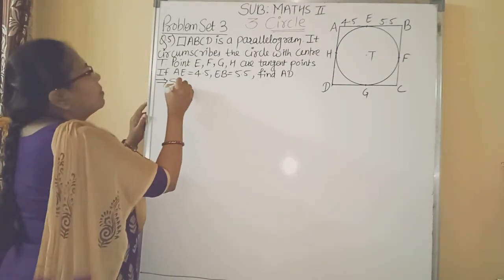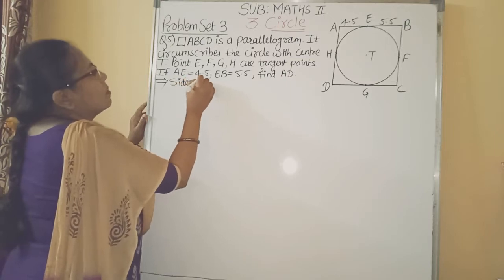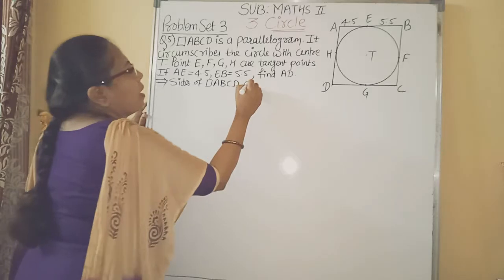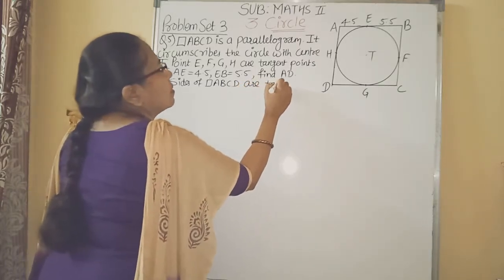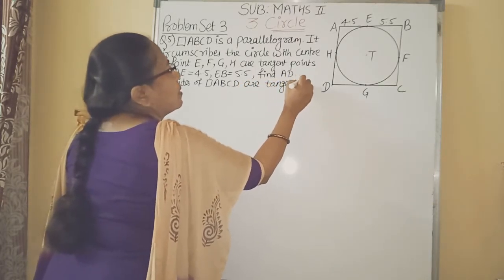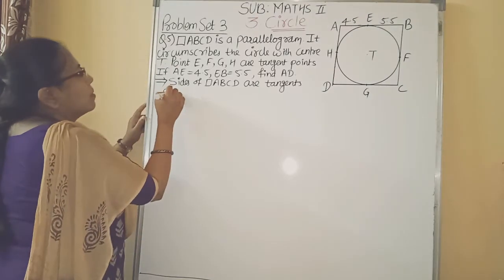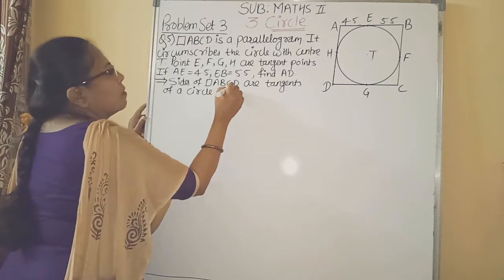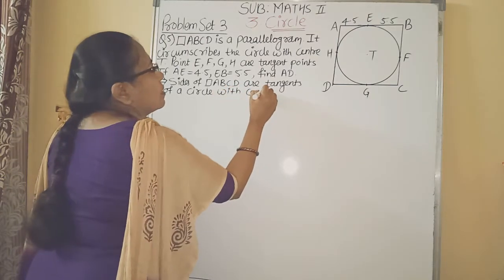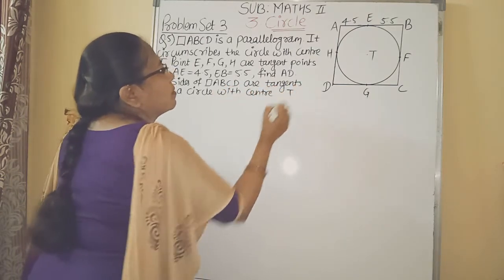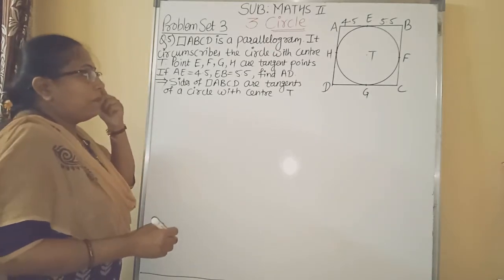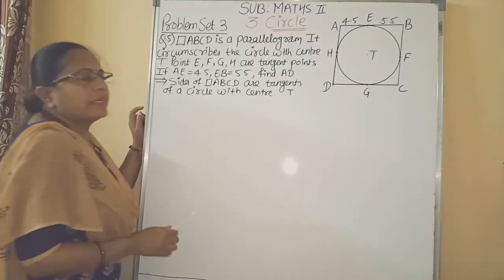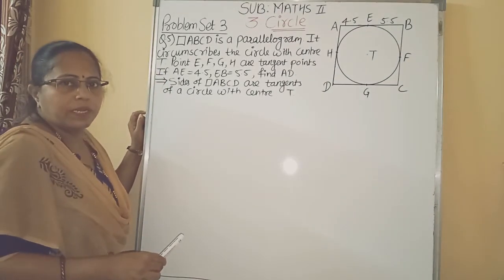Sides of quadrilateral ABCD are tangents of a circle with center P. Therefore, AE and AH are the tangents drawn from an external point.